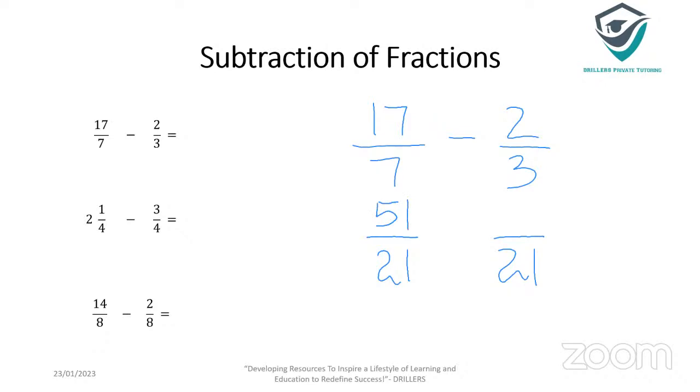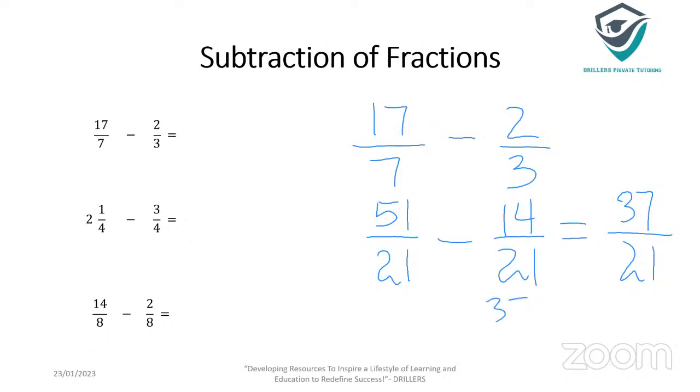And we got this as 14 over 21. So all we have to do is keep the denominator and subtract the numerators. So 51 take away 14 and you'll get 37. So 51 over 21 take away 14 over 21 gives us 37 over 21.